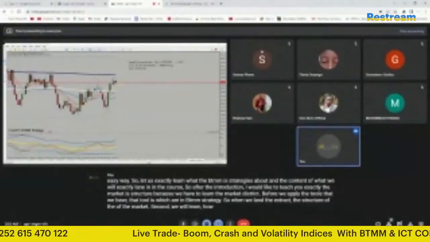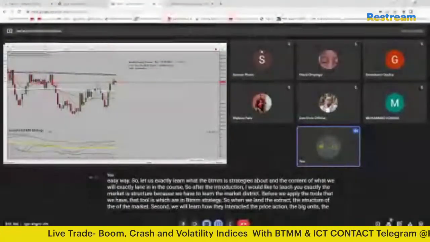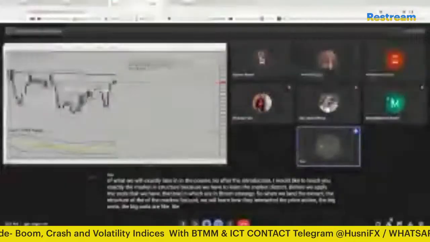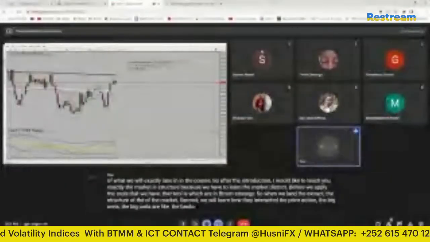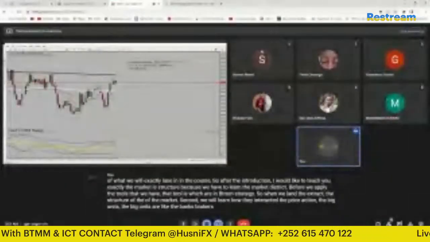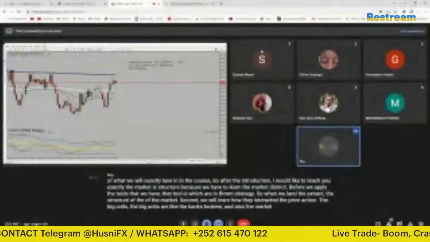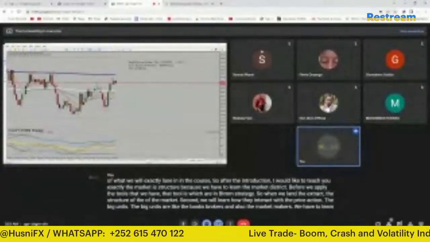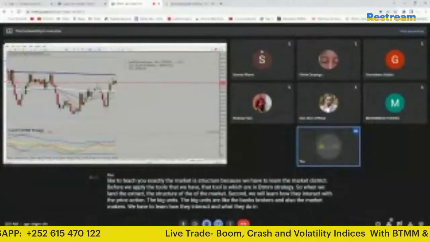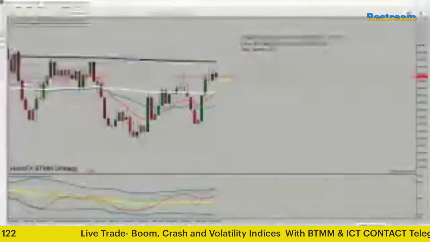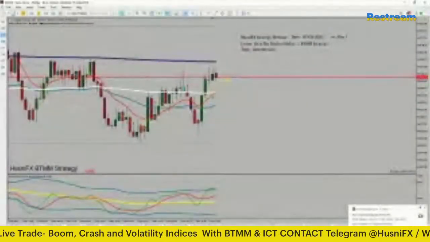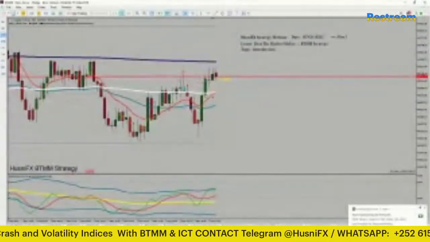The big units are the banks, brokers, and also market makers. We have to learn how they interact and what they do in the market, because all price moves from high to low, low to high.